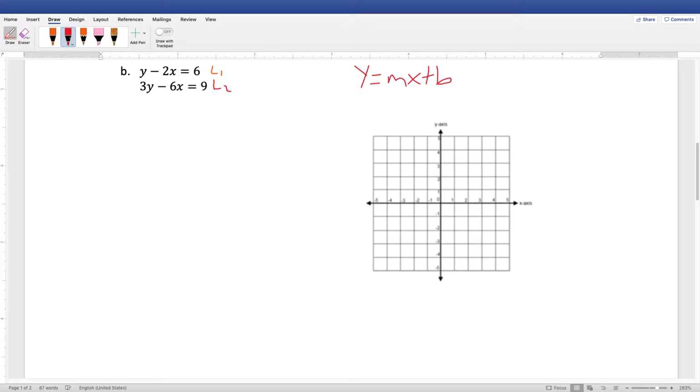So in L1, I have y minus 2x is equal to 6. I want to get y by itself, so it's just like solving a linear equation, which we've worked on earlier this week. We're going to add 2x on both sides. My 2x's cancel on the left, and I'm left with y is equal to 2x plus 6.